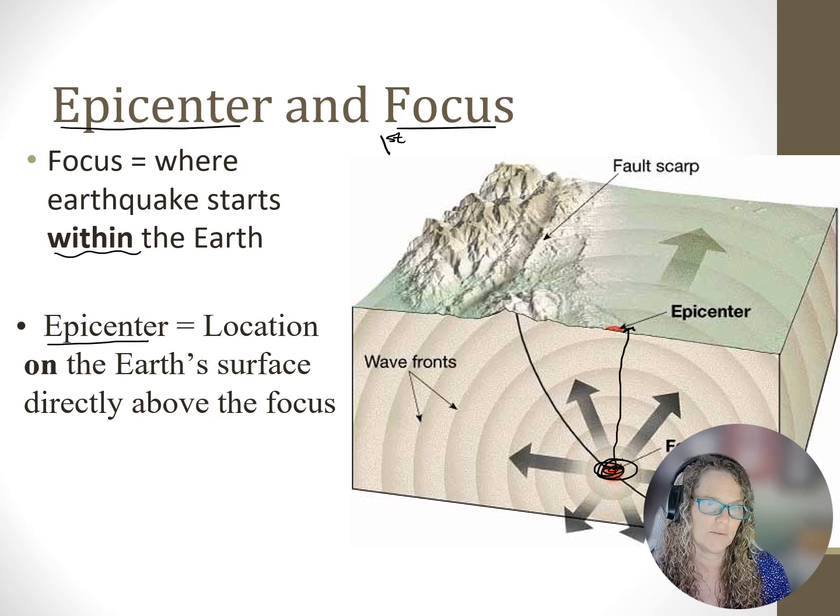So it helps us put it on the map, like what is it near? Even though it's way down inside, we can come up and be like, oh, I know where that city is, or I know where that place is. So it's for us to understand where it happened. So that's the epicenter. And that's usually what's reported because we don't know what all those coordinates mean inside the earth.